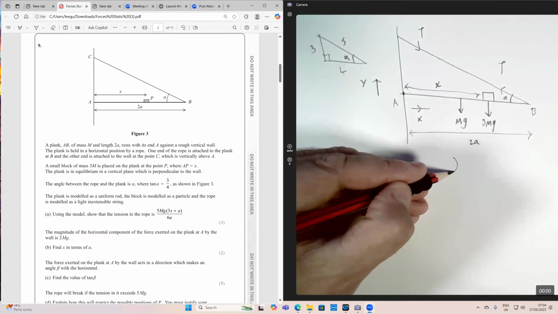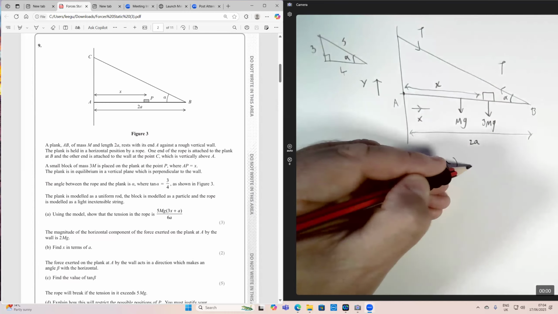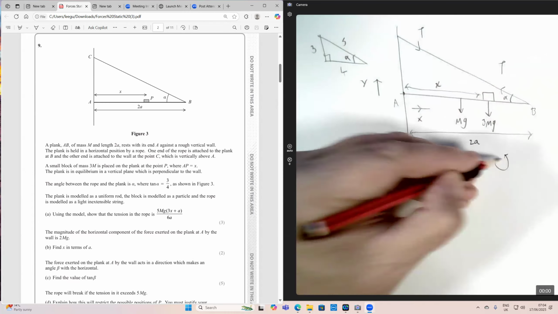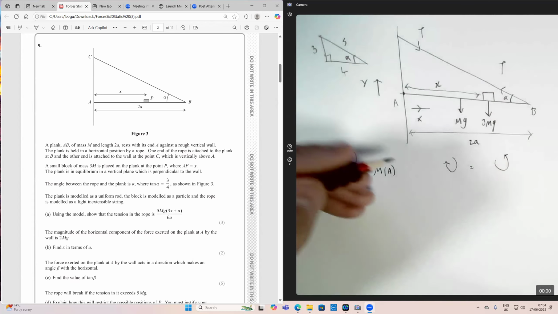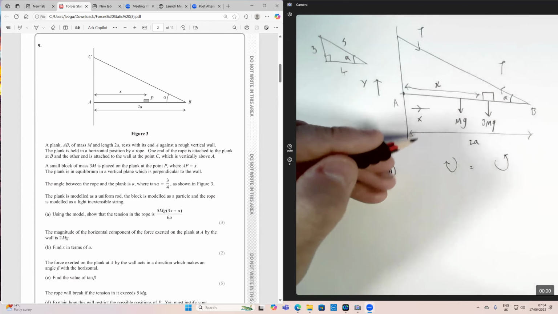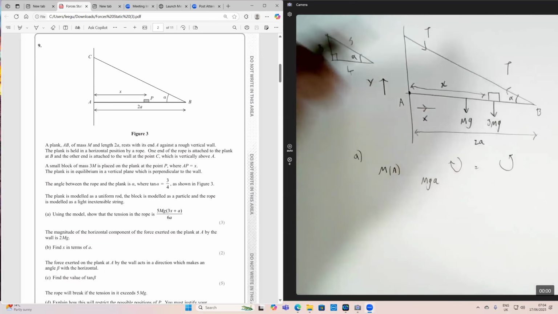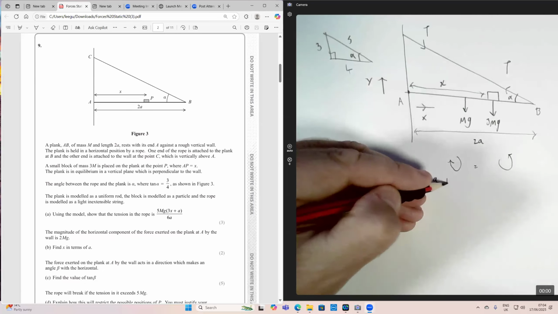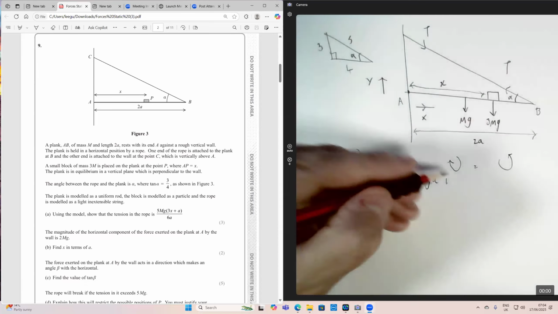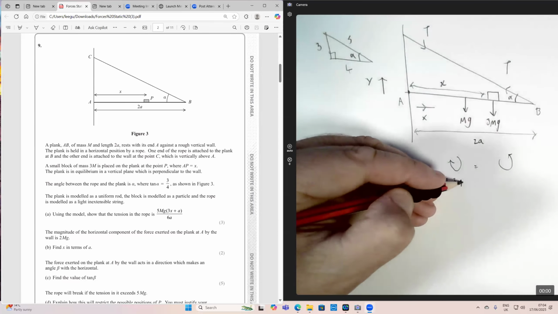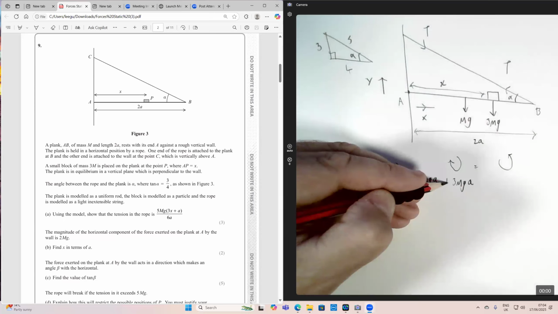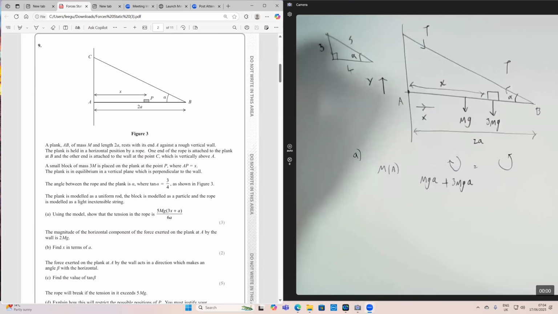So it's in equilibrium, so our clockwise moments equal our anti-clockwise moments. The sum of our clockwise turning moments is going to be mg times a from the weight of the plank. Then we've got the object, which is going to be 3mg times x. That's the turning component from that one.